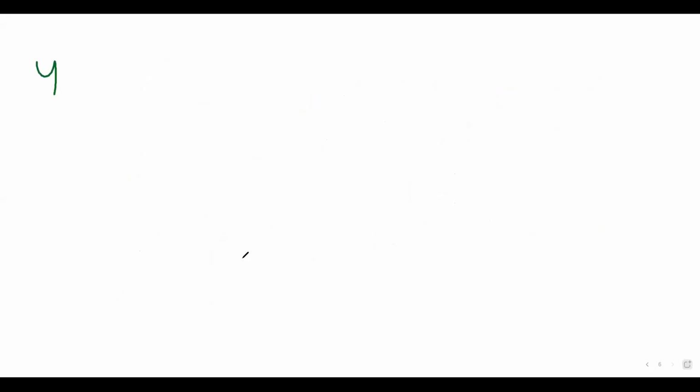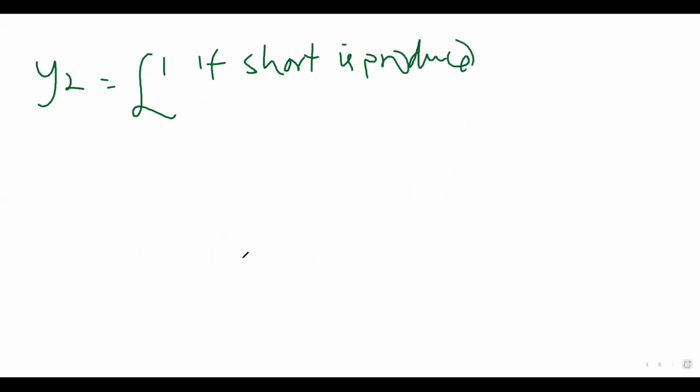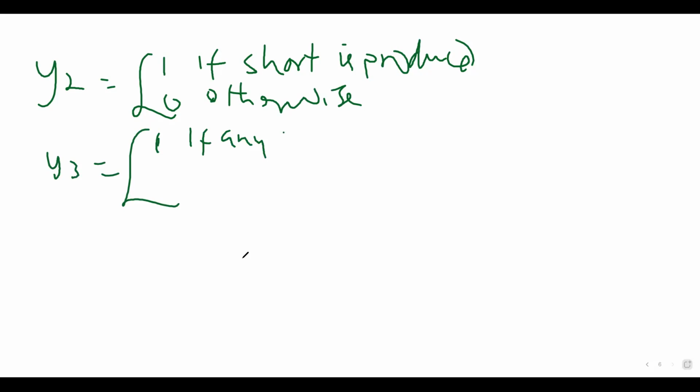Now, the same way, Y2 is going to be 1 if any shorts are produced, and you're not going to incur Y2 if no shorts are going to be produced, so 0 otherwise. And Y3 is going to be 1, available, if any pant is produced.